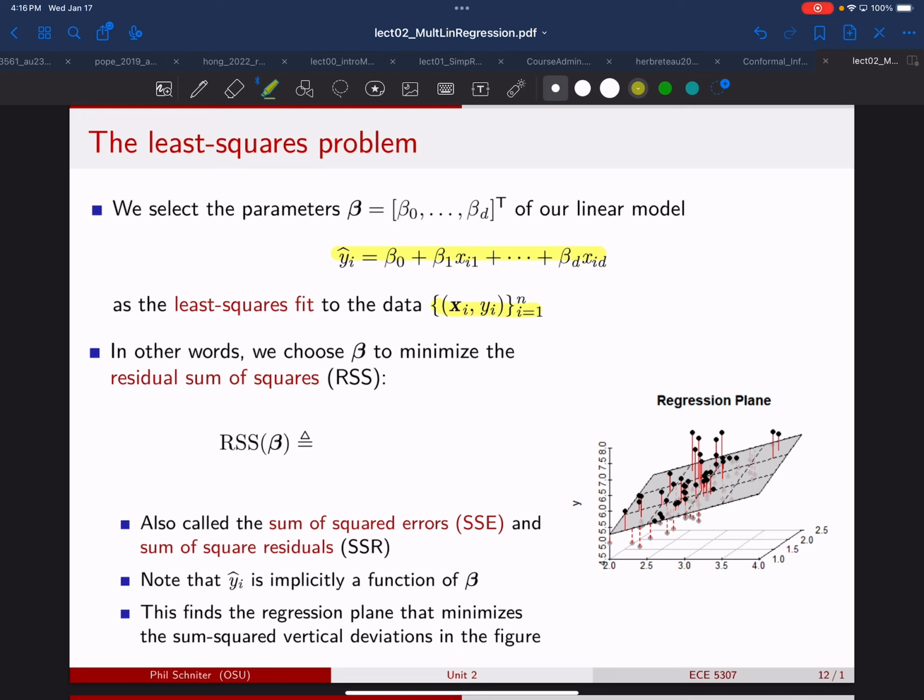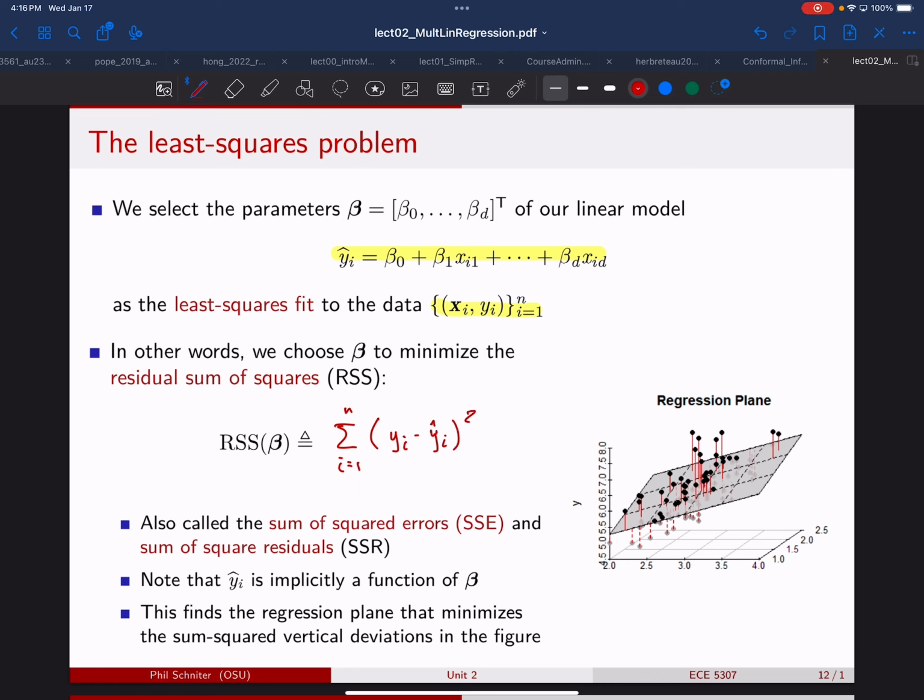Okay, Colby, so what would that equation be for RSS? Do you remember how RSS is defined? It's the same as before. The summation from i equals 1 to n of y sub i minus y hat sub i, that whole quantity squared.